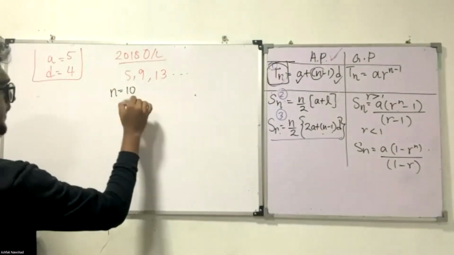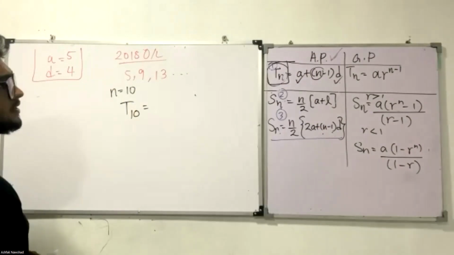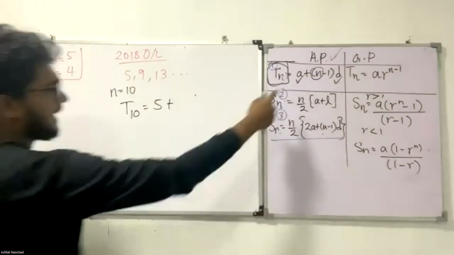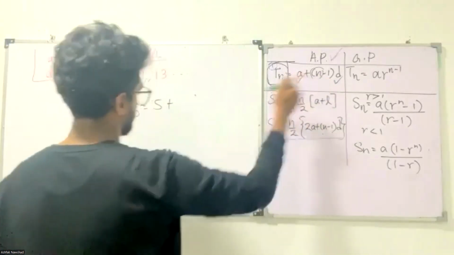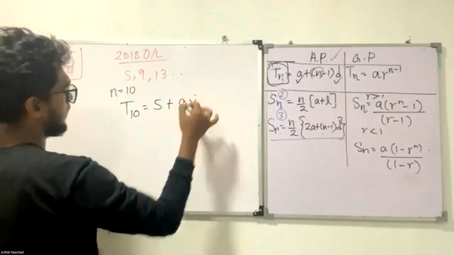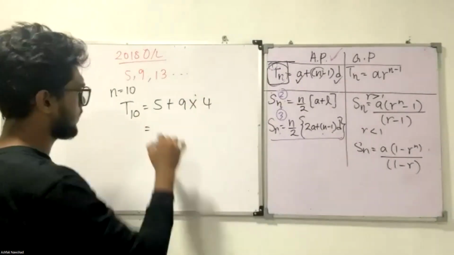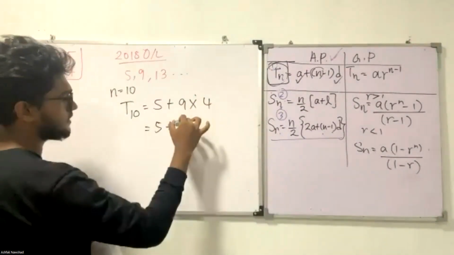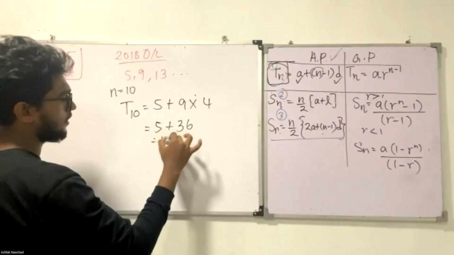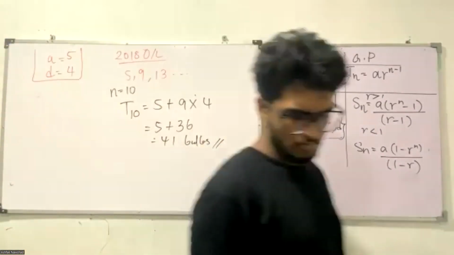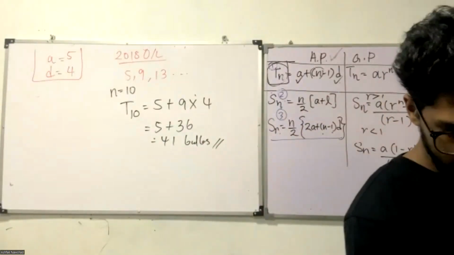So T10 is a plus n minus 1 into d. That's 5 plus 10 minus 1, which is 9, times d, and d is 4. So it's 5 plus 9 times 4, which is 36. 41 bulbs. Is this clear? Exactly, 41.